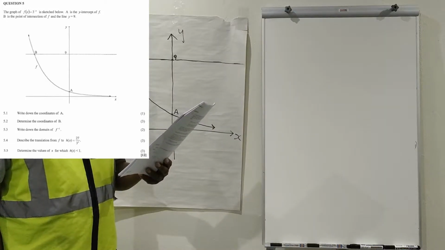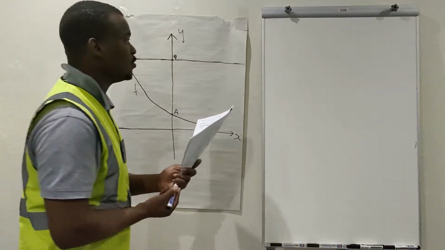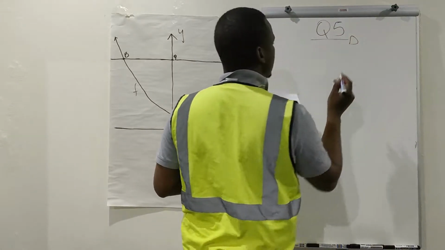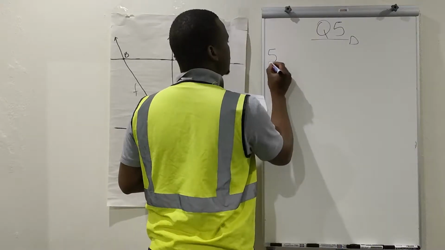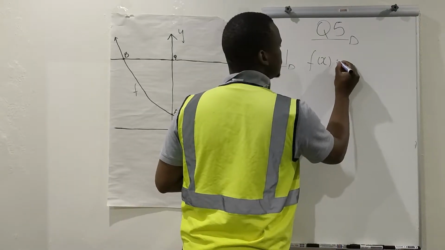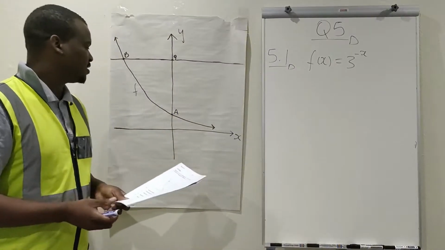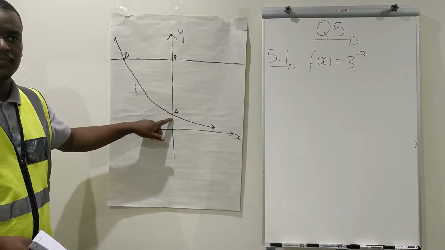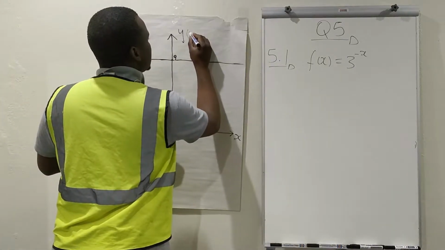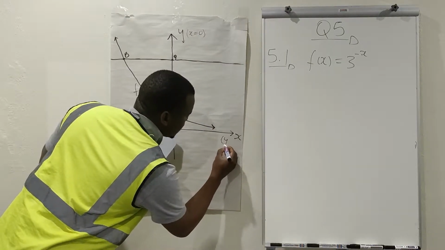5.1. Write down the coordinates of A. They are asking what the coordinates of A are. You know that f(x) is equal to 3 raised to negative x, right? You are told that A is the y-intercept. So at the y-intercept, x is equal to 0.